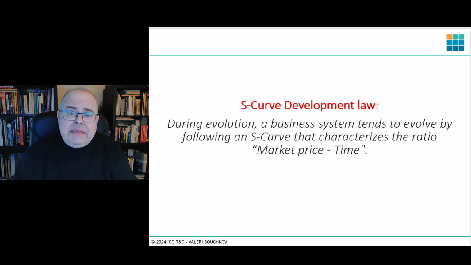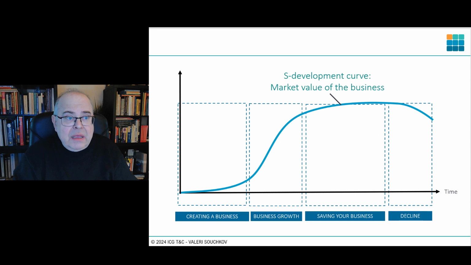But in a business system, there is a universal indicator which much better indicates the current state of a business system. It is share price, the current market price of a company. If you look at any business system, it follows 4 stages of evolution.